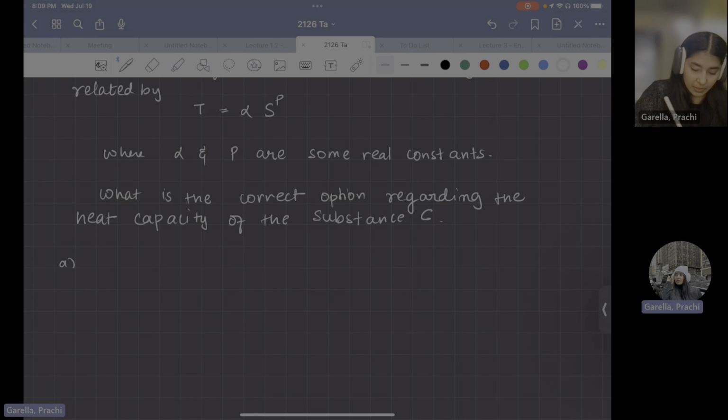The first option is C is less than 0 always. The second is C is not less than 0 always, which is basically that C is never less than 0. The third is C is less than 0 only when P is less than 0.